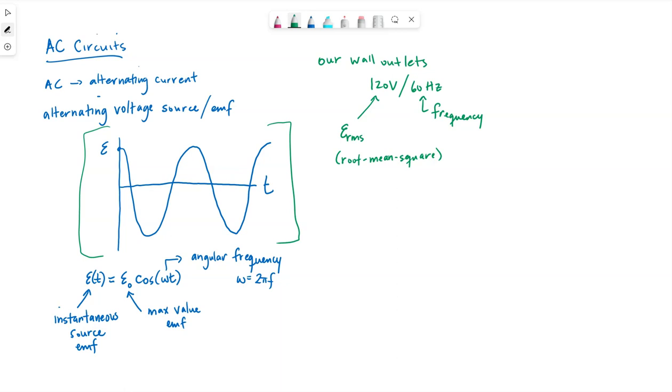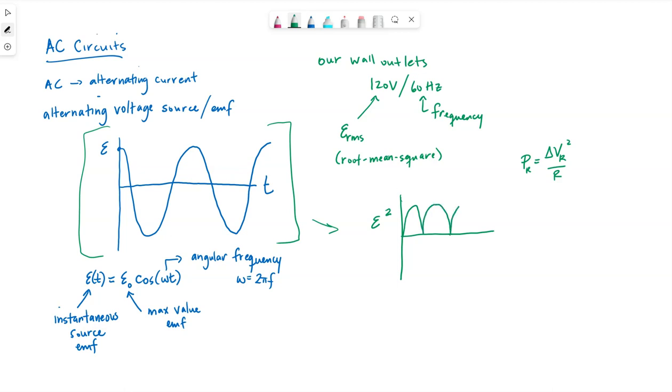Whenever we relate to the wall outlet and the energy, we're always relating to a squared value. So for example, if we're talking about a resistor, the power dissipated or converted in a resistor would be the potential difference it experiences or has at any given moment, that potential difference squared over R. So if we think about a voltage squared, we're taking this function, even though this is the battery, we still are representing this similar concept.